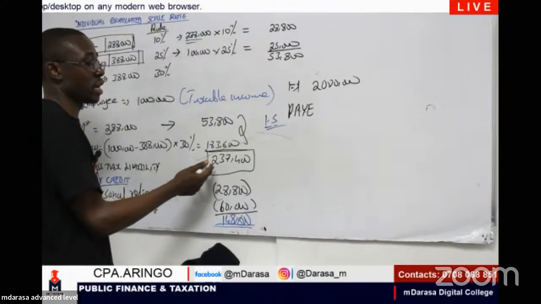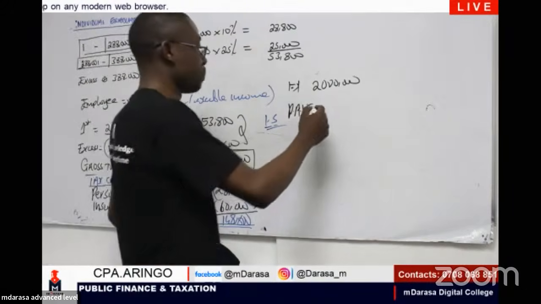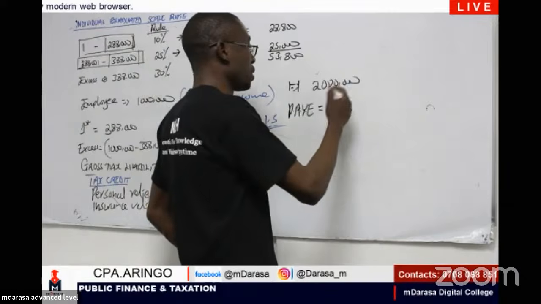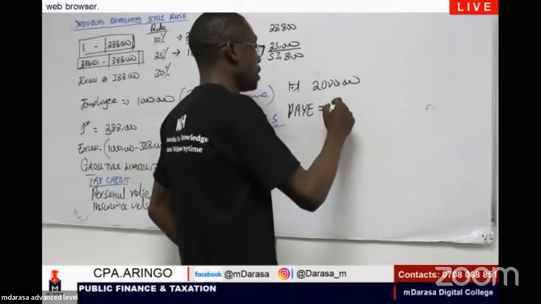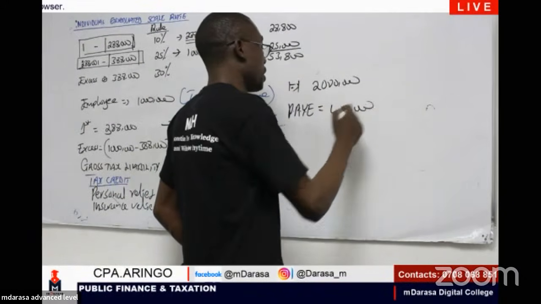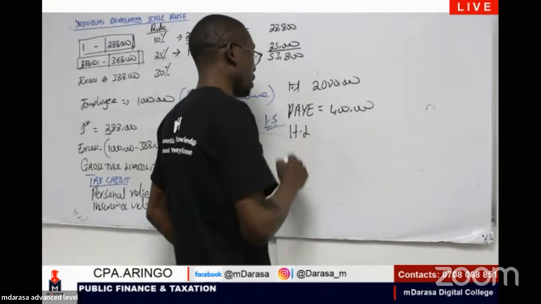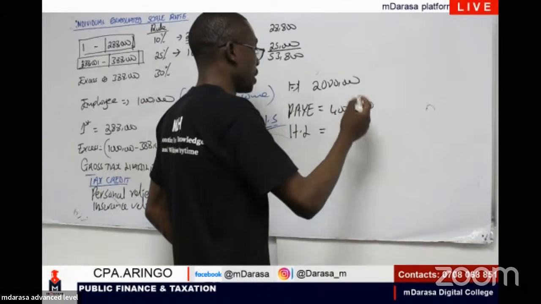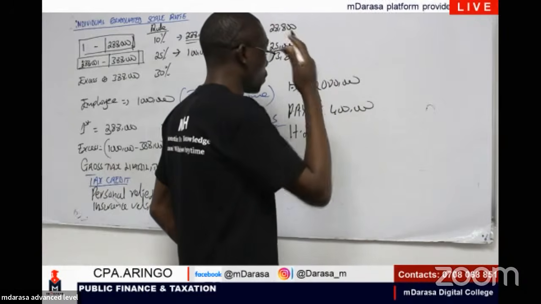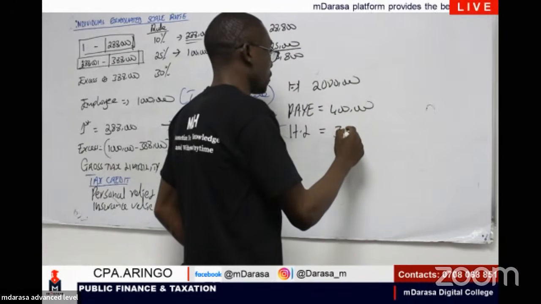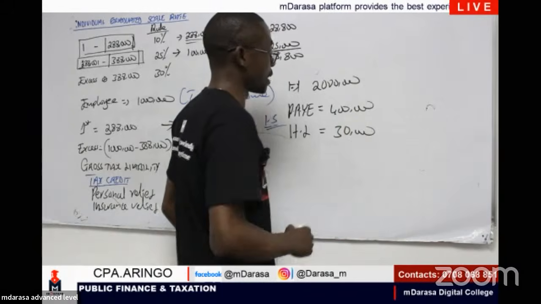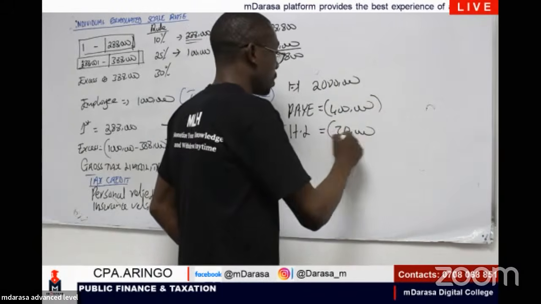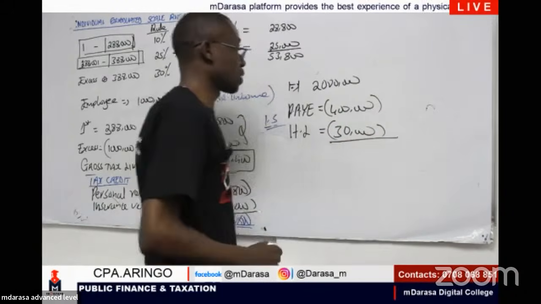These are tax that you're having. So in a pay as you earn, maybe assuming it will come to 2 million, maybe this is like 400,000. Then you'll be having your housing levy here. This will be what? Housing levy. This will be say like 1.5 of that. Maybe you can take off say like for the whole period, maybe 30,000, just an example. So this will be the tax component.